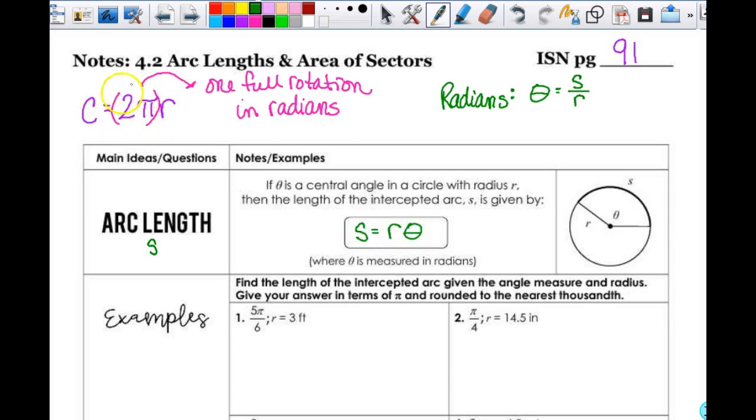And that's what this is for the circumference. When theta is 2 pi, you're finding the whole circumference. If theta is not 2 pi, then you're finding an arc length that is a piece of the circle. That's where it comes from, because you've been using radians and didn't even know it. So this is our arc length. Way easier when it's in radians, because you don't have to do proportions. The formula isn't weird. The arc length is equal to the radius times the angle measure. But theta has to be in radians.